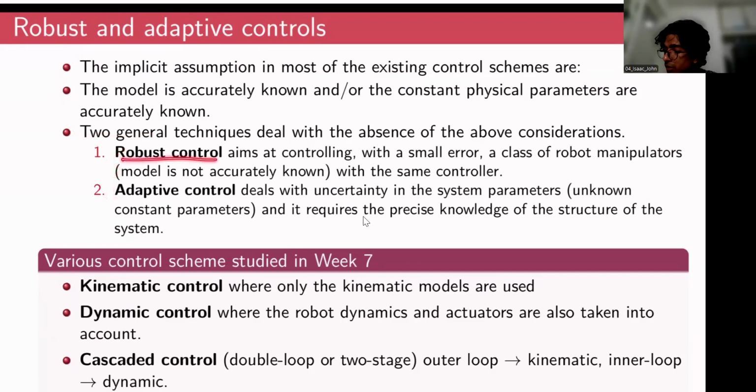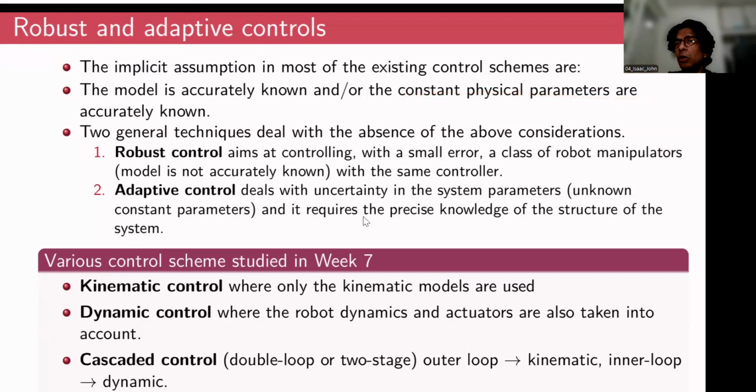The first one is called robust control, which aims at controlling with a small error a class of robotic manipulators with the same controller. Right. So if the errors are within a bound, like if we are certain that the errors in estimating the mathematical models, and the errors in estimating the constant physical parameters, are also within a bound, we can use the same control parameters.